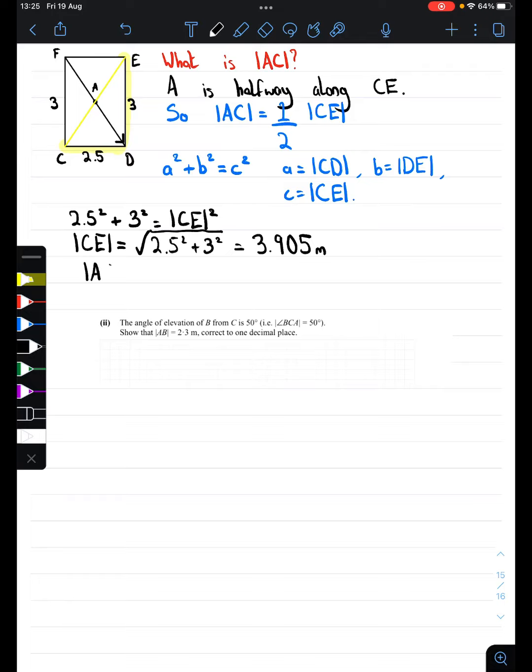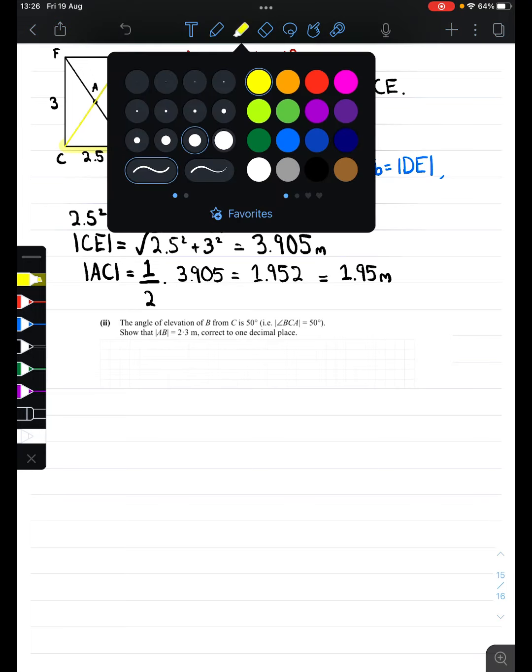So AC is 1/2 CE, which is 3.905. So AC is 1.952, or to 2 decimal places, 1.95 meters.